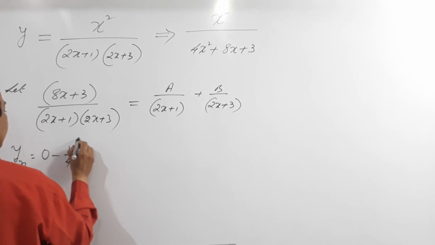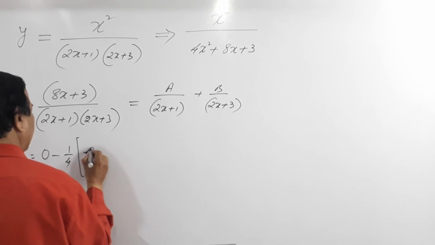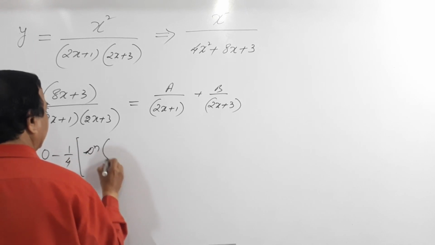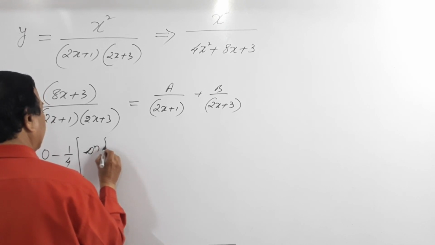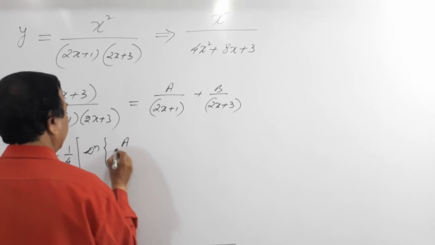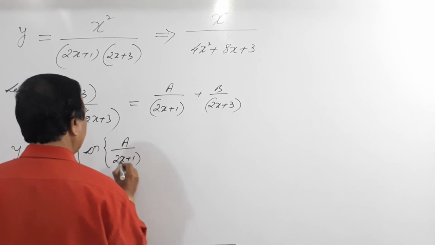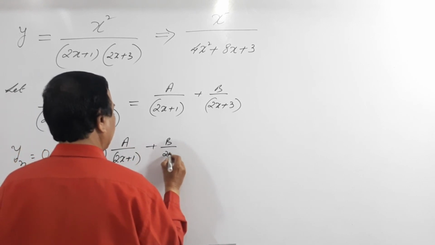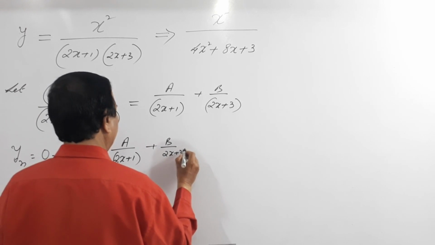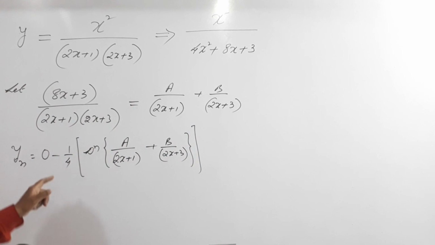So I had written 1 by 4 dn of a by (2x plus 1) plus b by (2x plus 3), right. We had stopped at this and later on we removed it.